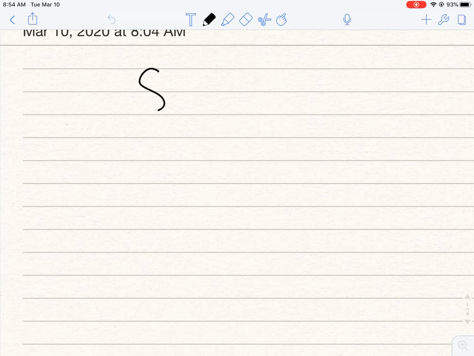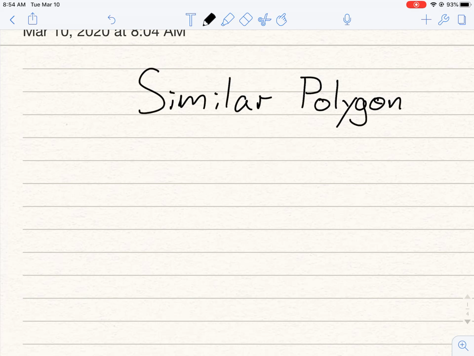So first, let's talk about what similar polygons are. We've talked about similarity in the past already in reference to similarity statements. We are also going to use those when we're talking about similar polygons.